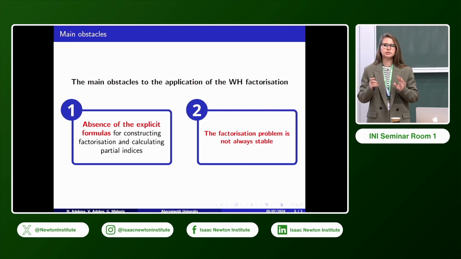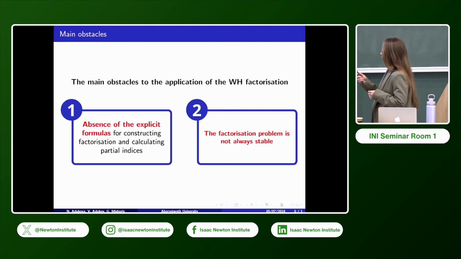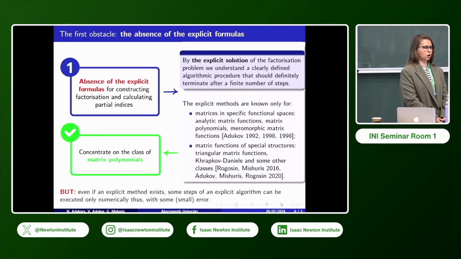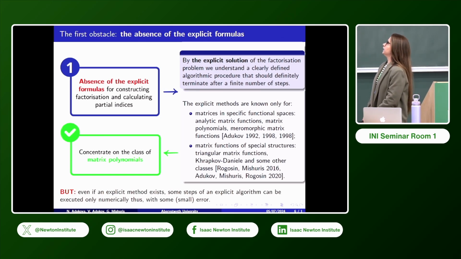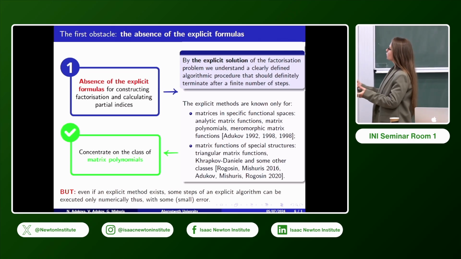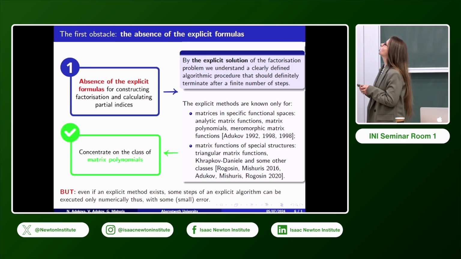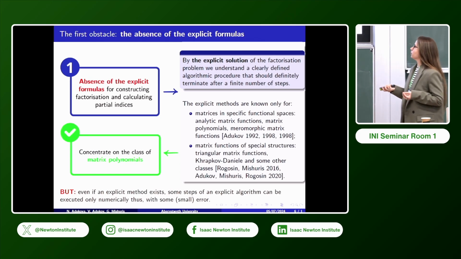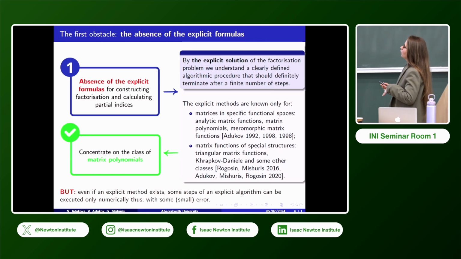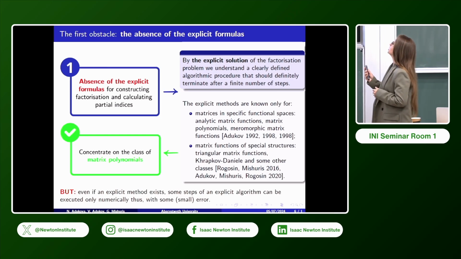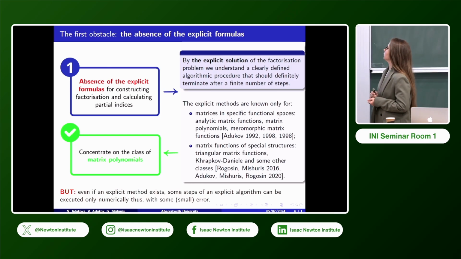Now let's discuss each obstacle in more detail. In the general case, there is no solution for the factorization problem, but only for a few special classes of matrix functions it is possible.